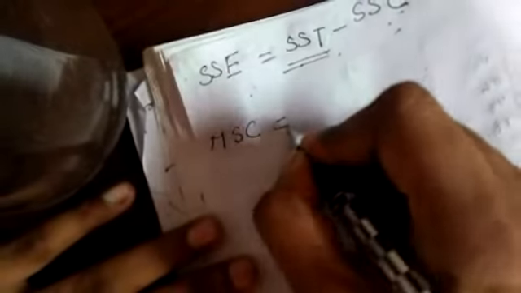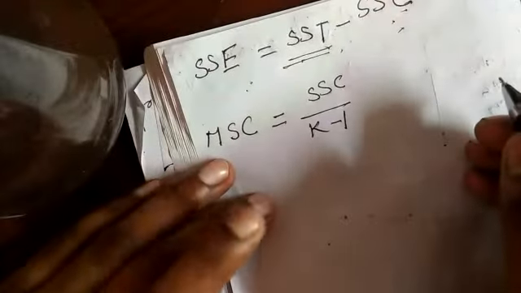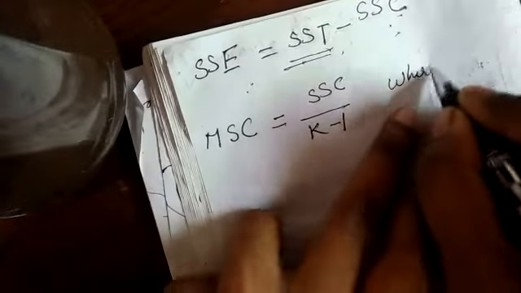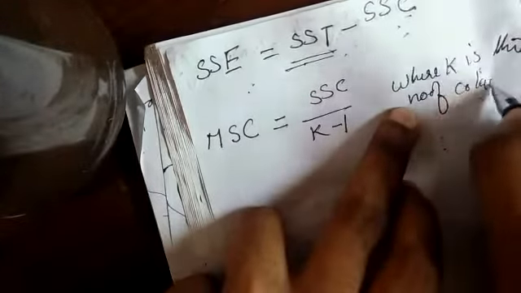Next you can find the mean square, MSC. MSC is SSC divided by K minus 1, where K is the number of columns.